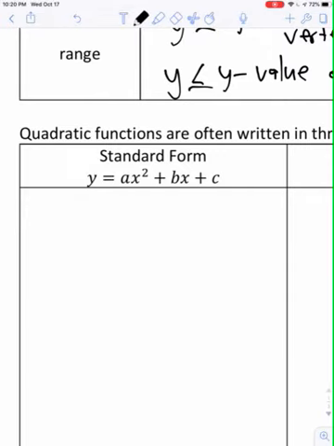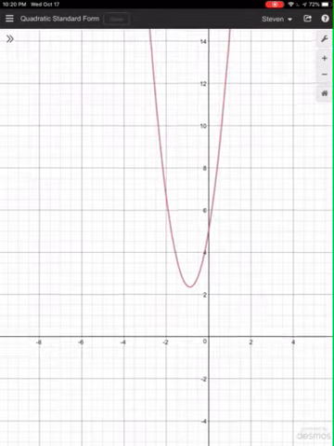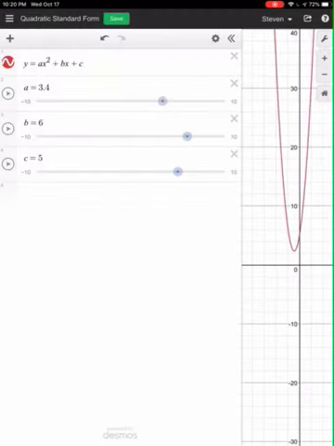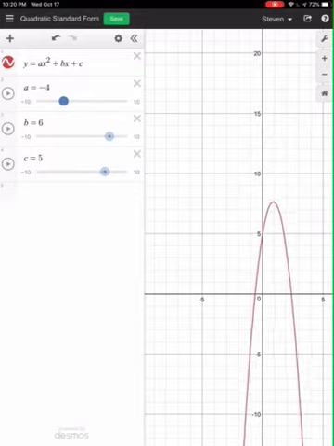And these values a, b, and c, and we've been dealing with standard form when we do those matrices problems, will control different things about the graph. So here I have a quadratic function that is written in standard form. And if I change the value of a, well, a lot of things happen.